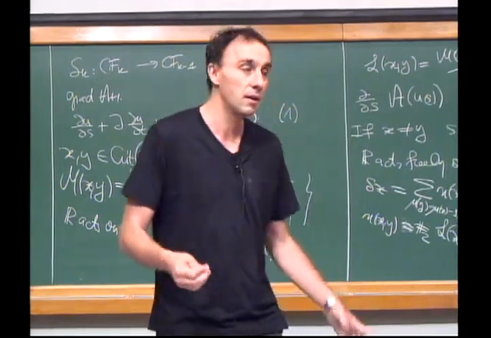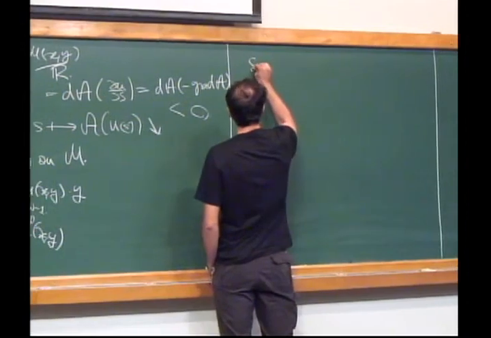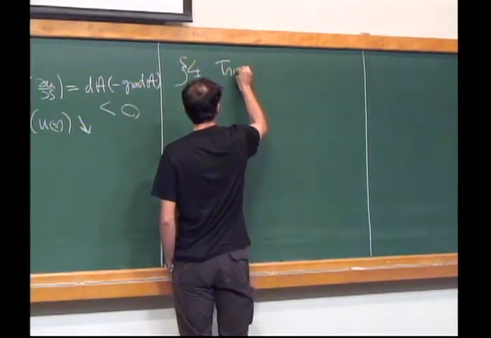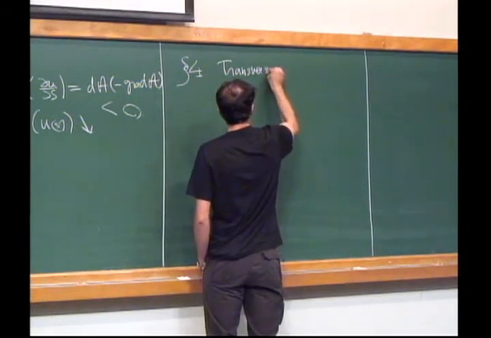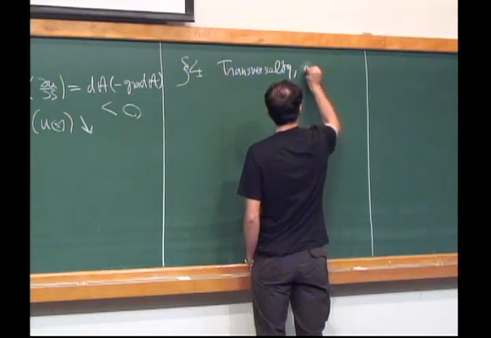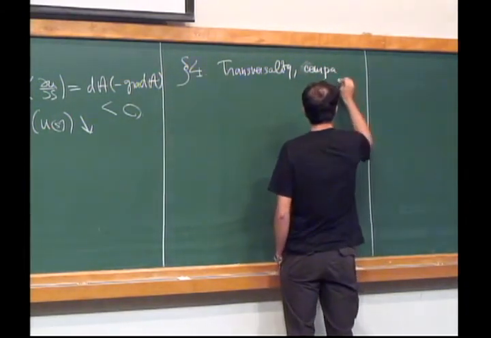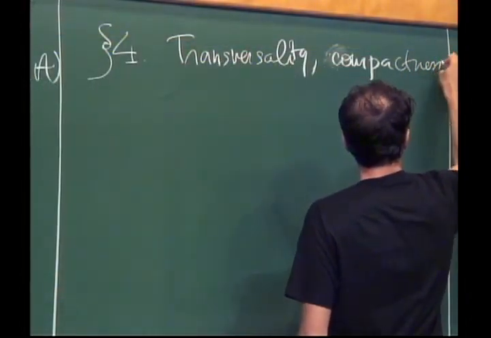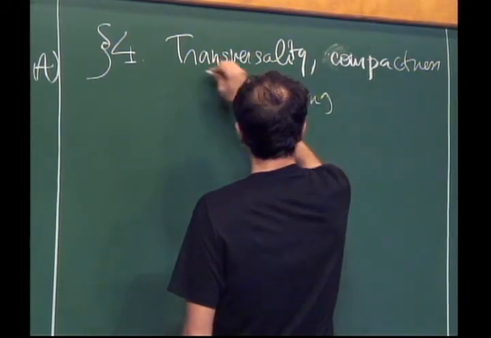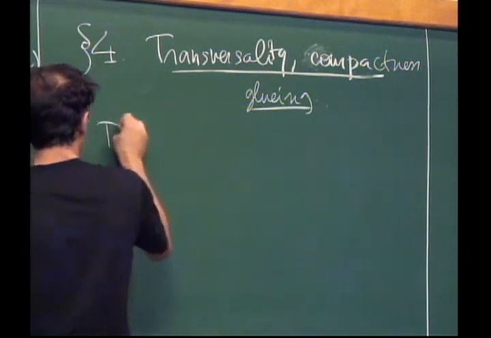And the general plan was composed of 3 steps: transversality, compactness, and gluing. And let me start with transversality.